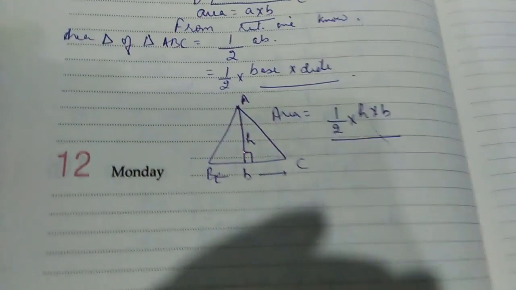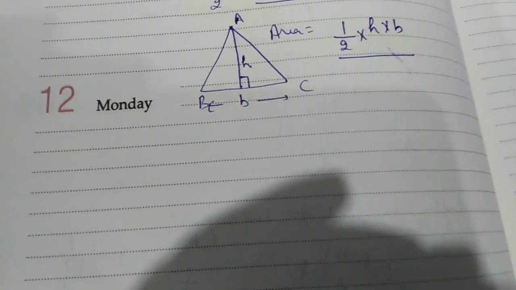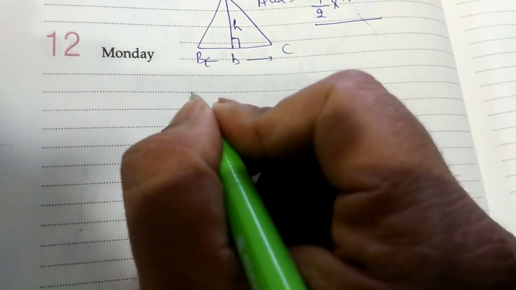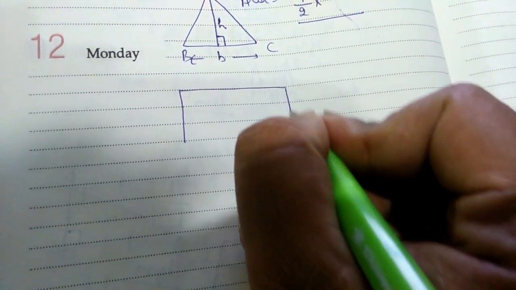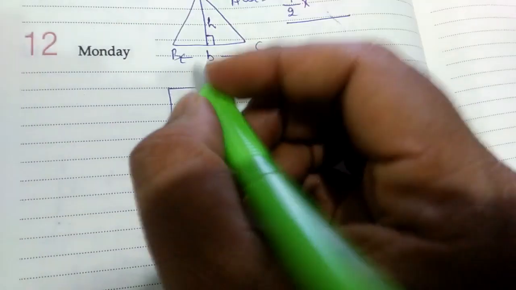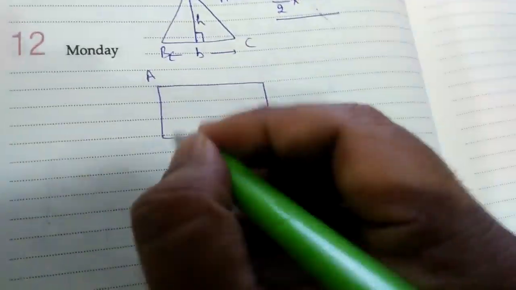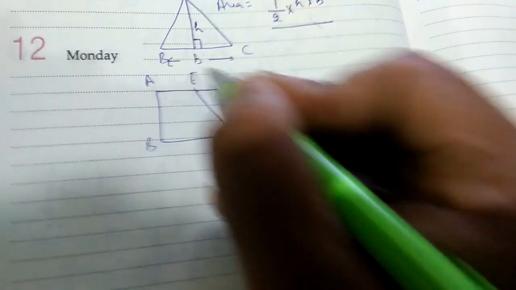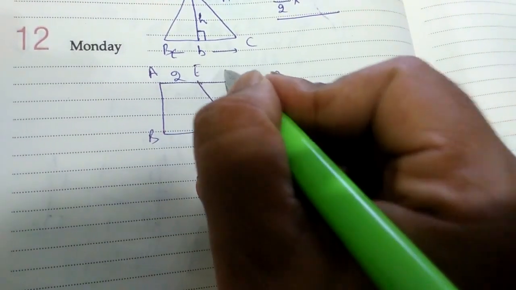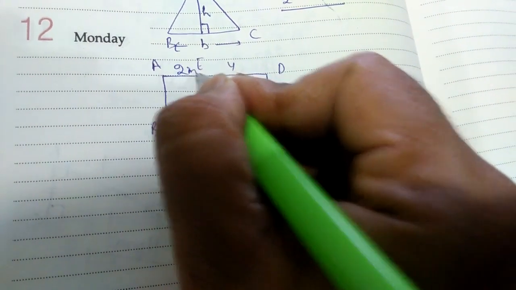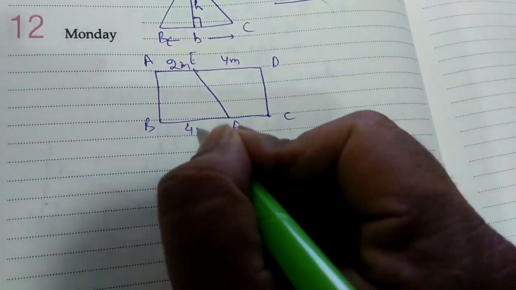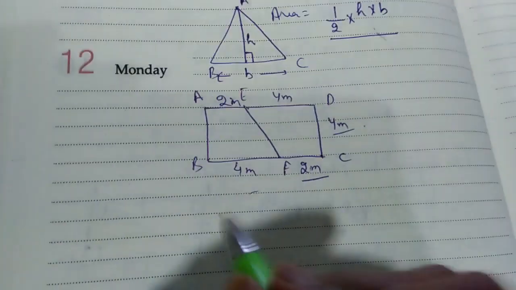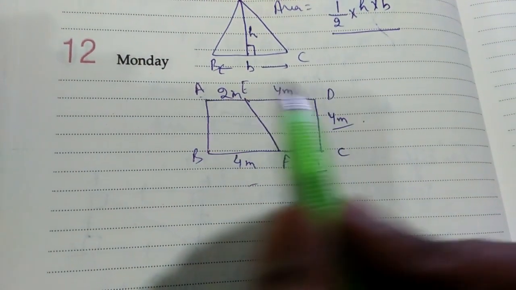Now let's discuss a few figures. Let's say there is a figure A, B, C, D. It has been cut like this. EF, this is 4M, 2M, 4M, 2M. This is 4M. So this particular side is 6 meters long, this particular side is 6 meters long.